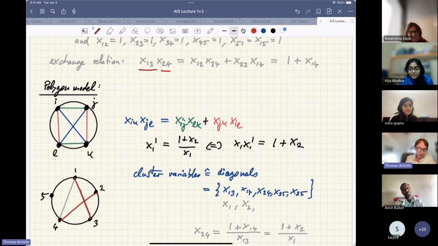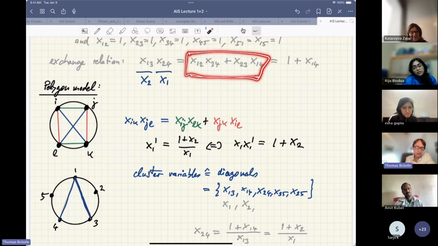These are the two blue ones in my picture. Sorry, so x1,3 times x2,4, these are the two initial cluster variables, x1 and x2. And then the Plücker exchange relation tells me this is going to be this sum: x1,2 x3,4 plus x2,3 x1,4.